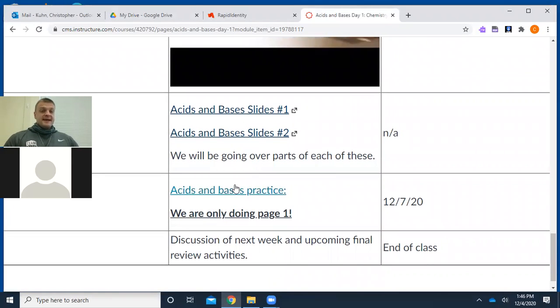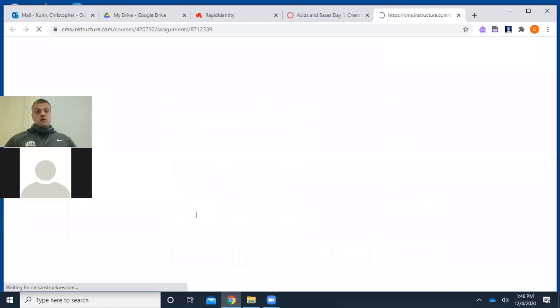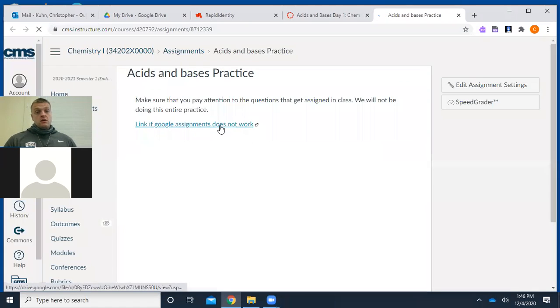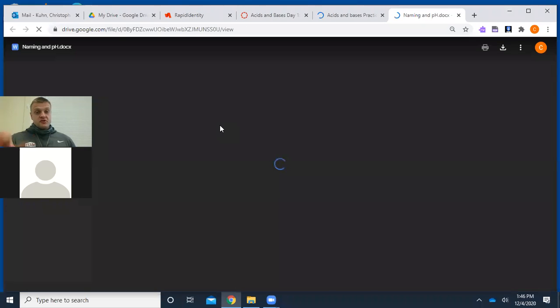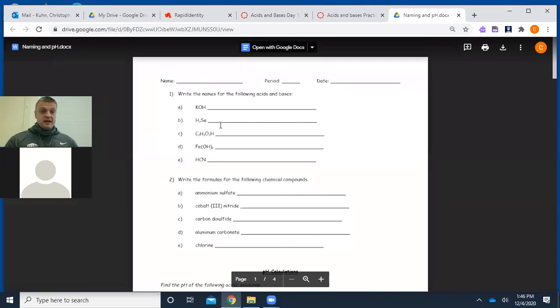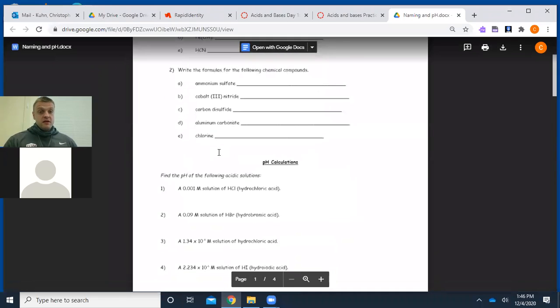This is the practice. If you look at this, it's a lot of work. However, what you see underneath it, it's in bold, underlined, all of that. It says we are only doing page 1. So when you click on it, it comes up. It's got your Google interface or whatever, so you can click on that. You have the names, the formulas. Remember we got to swap and drop.